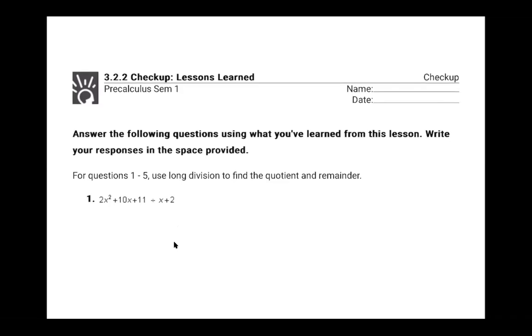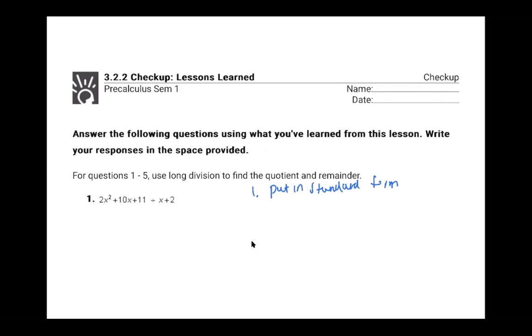The first one would be to make sure both of them are in standard form. So if they're not in standard form, make sure you change them to standard form.